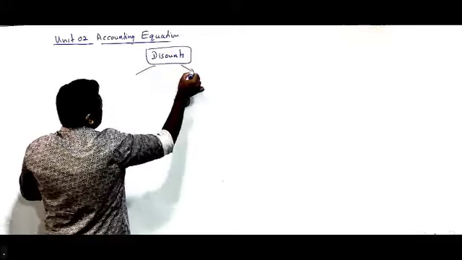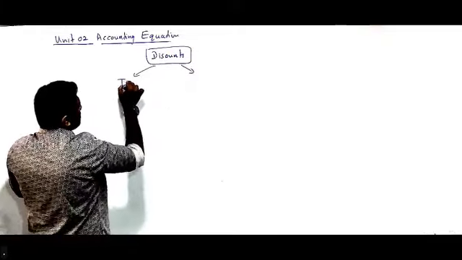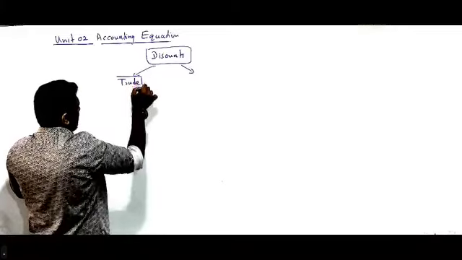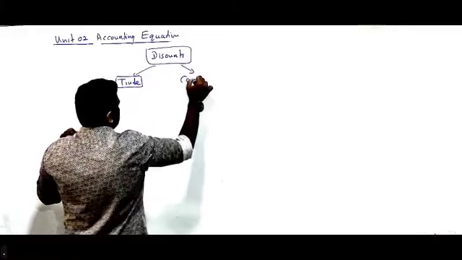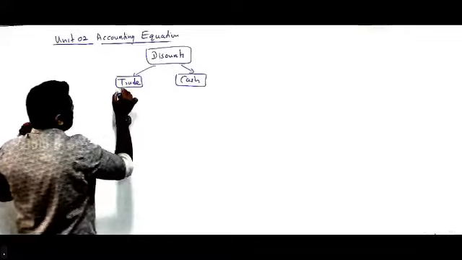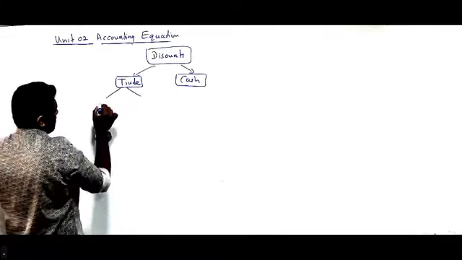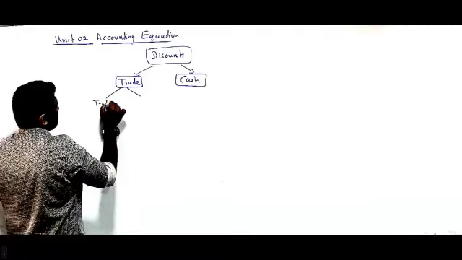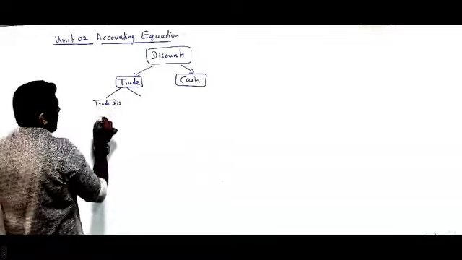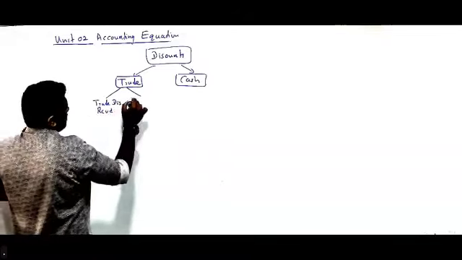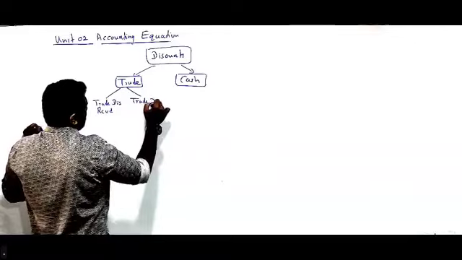Can you all remember? One is the trade discount. The other one is the cash discount. Trade discount also we studied two. What are the two? Trade discount received, trade discount allowed.